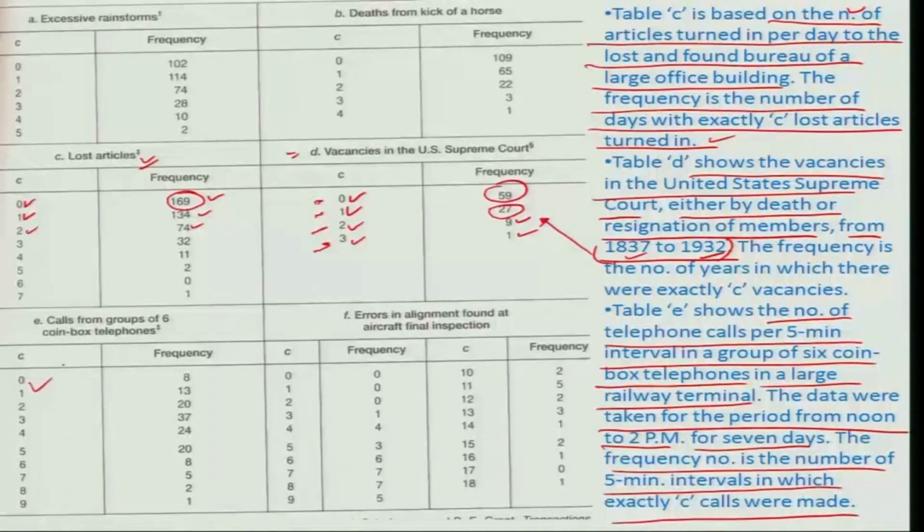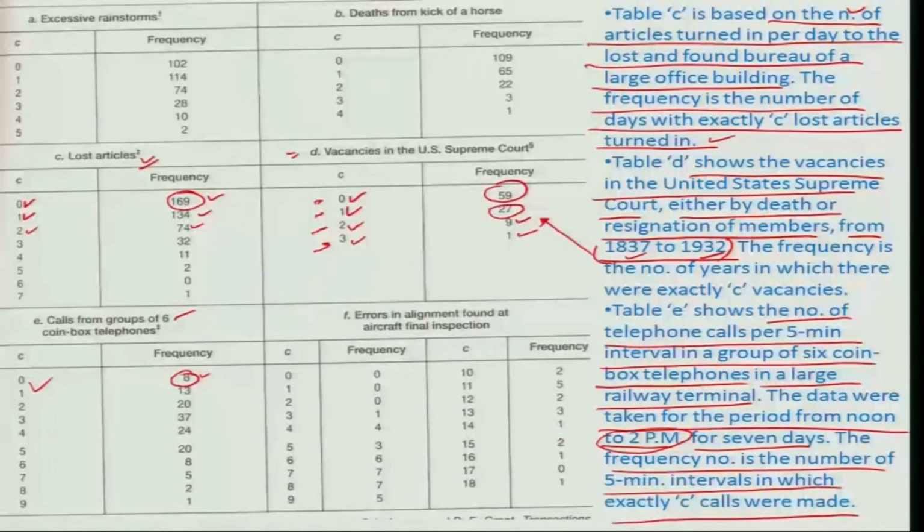So exactly 0 calls were made 8 times from the 6 coin box telephones, for exactly 5 minutes per interval, where the frequency was exactly 0 of the occurrence of telephone calls across this whole duration in all the 6 telephone boxes.